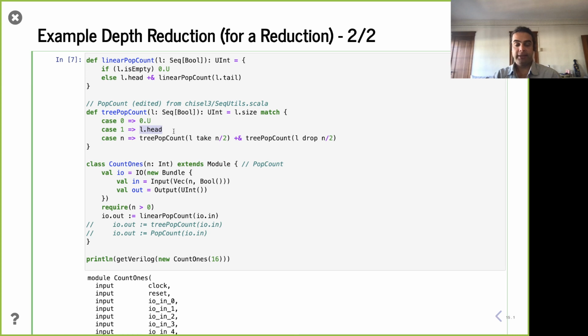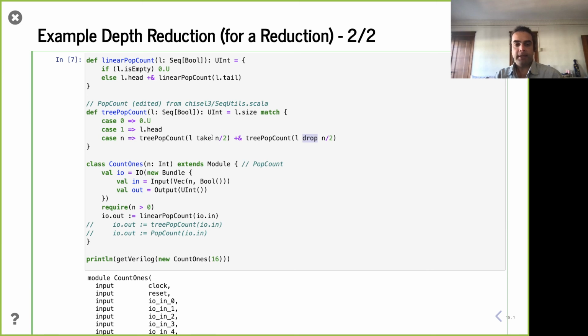Otherwise, what we're going to do is take the first half and the second half. Take and drop are operations on the Chisel collection. Take takes the first n elements you tell it to, and drop drops the number you give it and takes the ones afterwards.